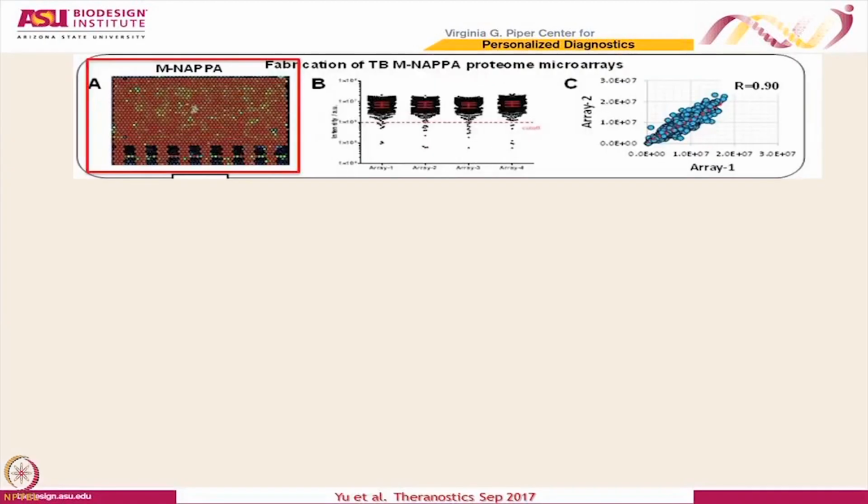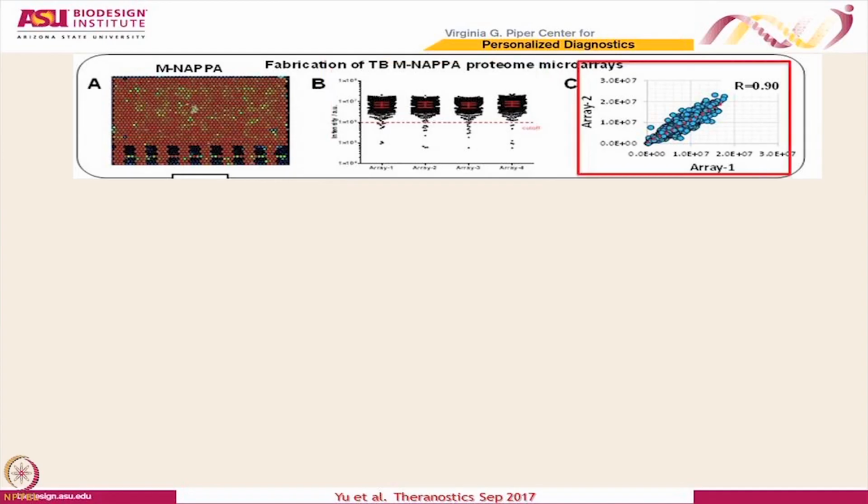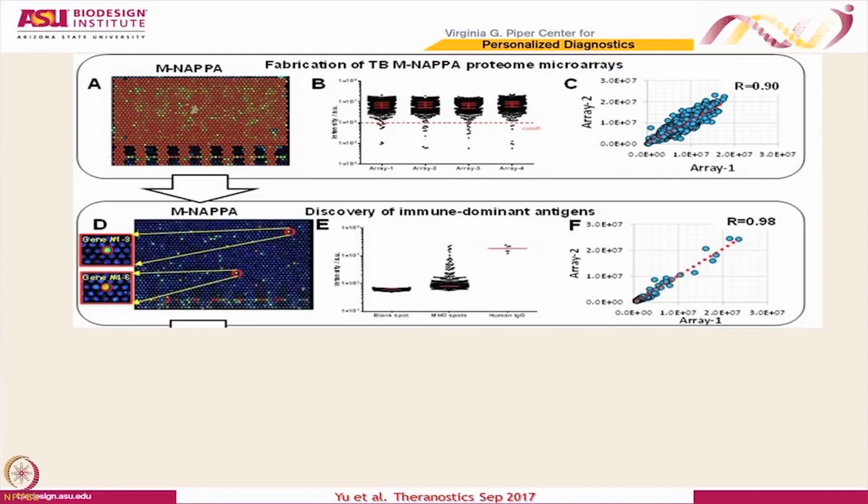And so this is kind of the strategy. You produce a mixed NAPPA array up here. You get good signal for all these proteins. You show that you have good correlation. You screen for antigens that are detected in the patient, let's say, and you see a number of spots that light up. You compare array to array to make sure that you're getting consistent results.